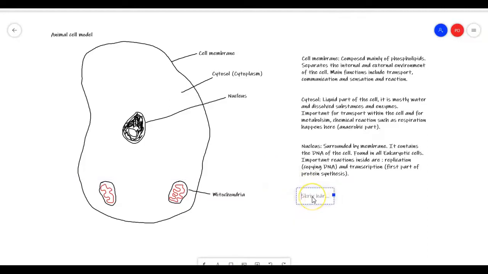Anyways, so the mitochondria. They have double membranes. Two membranes, one outer and one inner that is heavily folded.